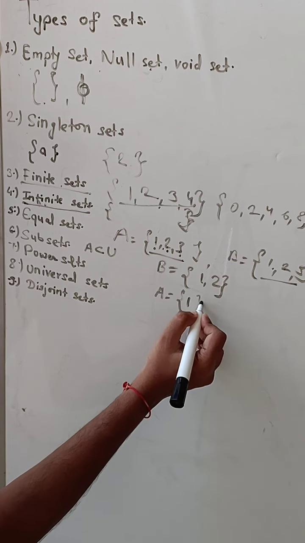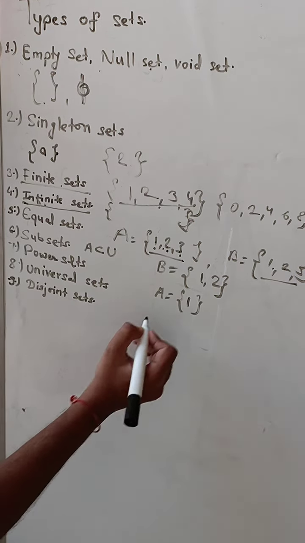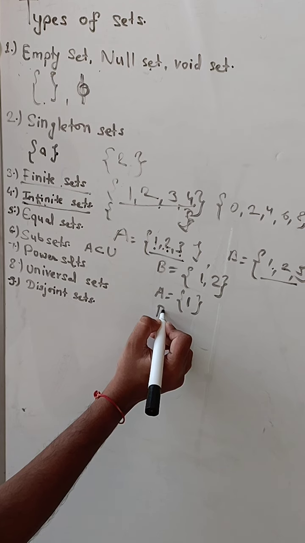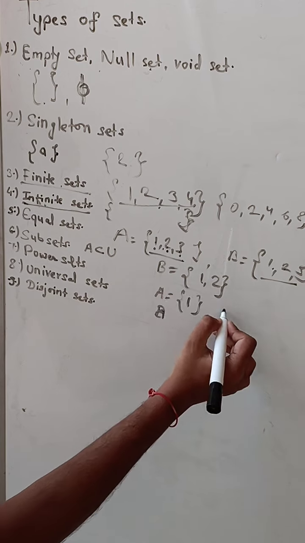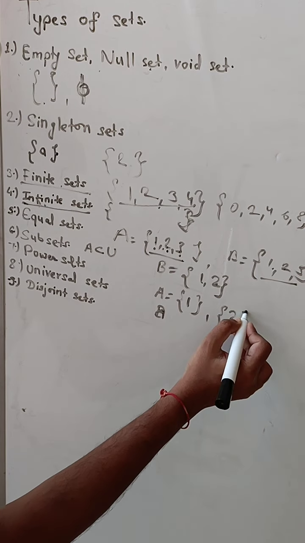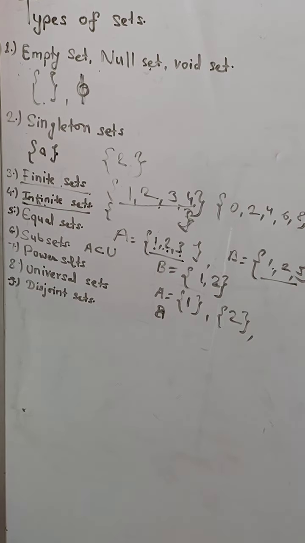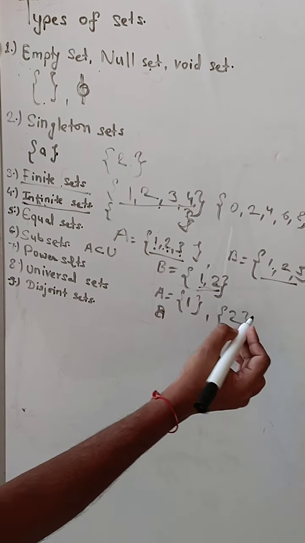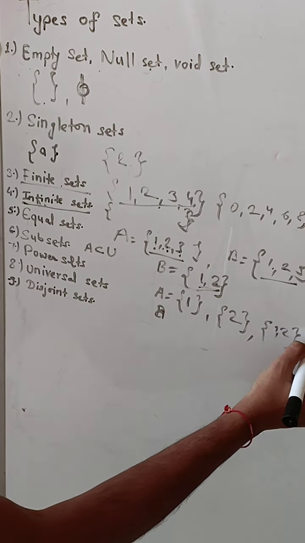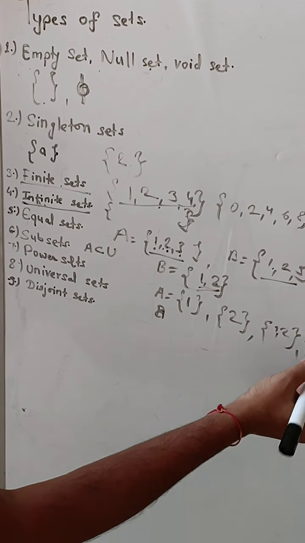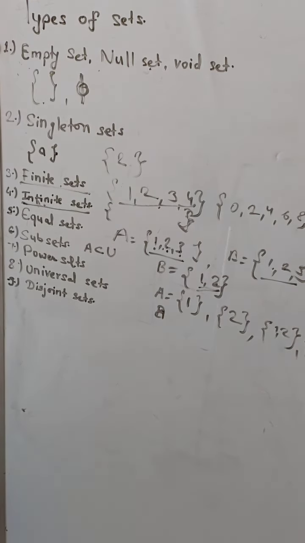If you take only one element, this is also a subset. And another subset is if you take only {2}. And if you take both of them, then it is also a subset. And always remember, an empty set is always a subset of any set.